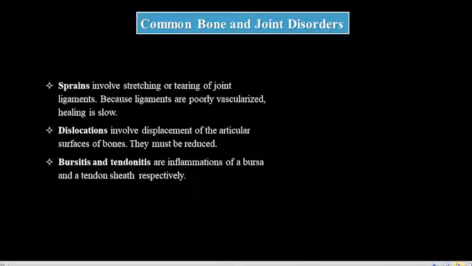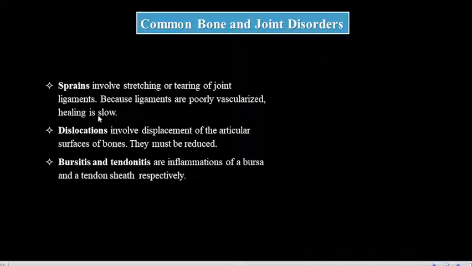common bone and joint diseases or disorders. You have the sprain. Ito common ito, which is the stretching or tearing of the joint ligaments. Because your ligaments are poorly vascularized, meaning wala silang blood vessels, medyo mahina ang healing ng sprain.